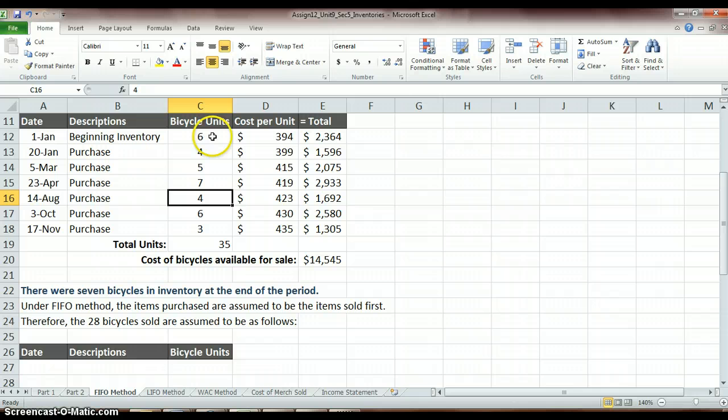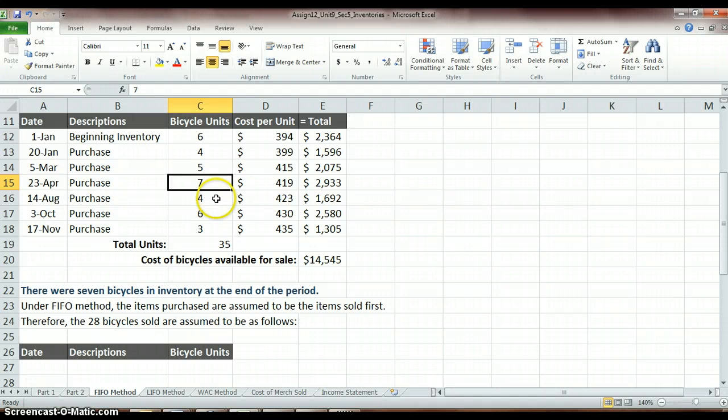So for instance, we sold 6 bikes in January plus 4 bikes in January, so that's 10 bikes total, plus the 5 we purchased in March, that gives us 15, plus the 7 we purchased in April, that puts us at 22. So we need to come up with 6 more bikes because we sold 28.